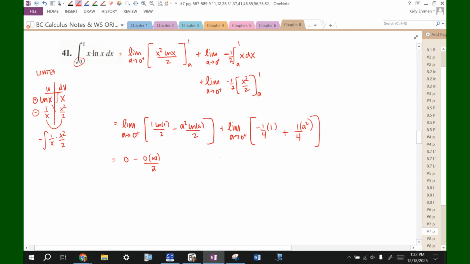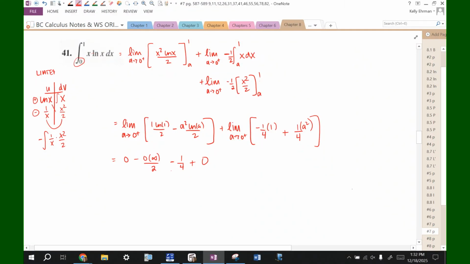Let me write down the rest of this, though. From a to 1. Sorry, I'm just trying to check my work here. Oh, never mind, I'm okay. I showed it differently than what I wrote down originally. Okay, then we do a minus 1/4 plus 0.